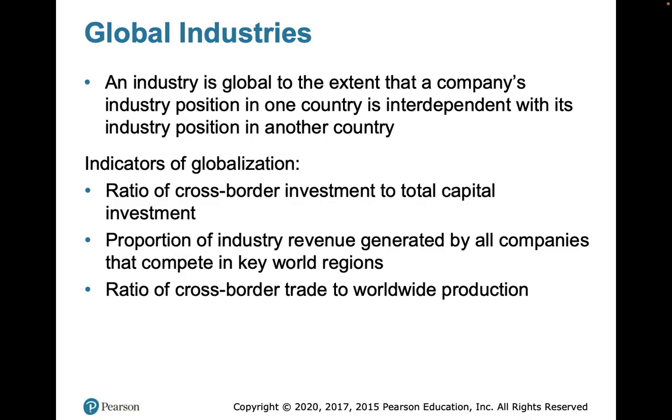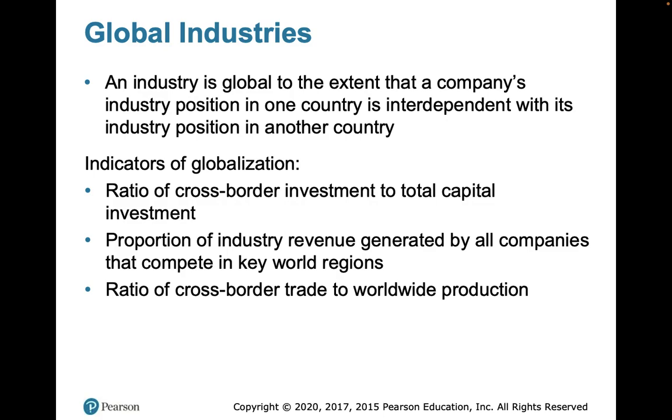You remember at the beginning of the class I mentioned the parallel way these companies now operate, right? They operate differently. They are not dependent on each other in their industry position in another country.